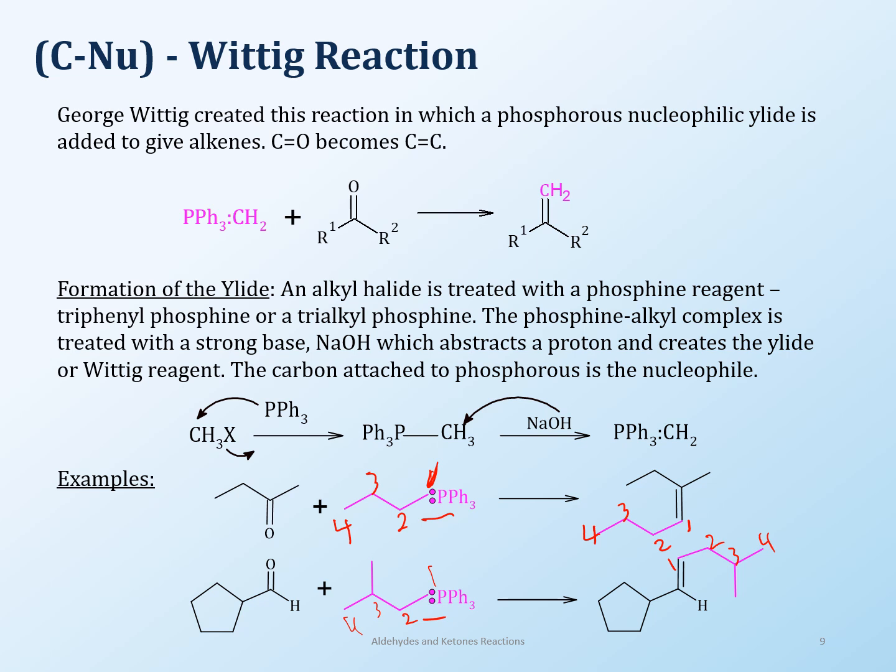But make sure you draw the lone pair between the phosphorus and the carbon to show that this is the carbon, that is the one. I'm going to make this an arrow now. But this is the carbon that has the nucleophile. You need to also make sure that you're attaching the right carbon to the right thing.